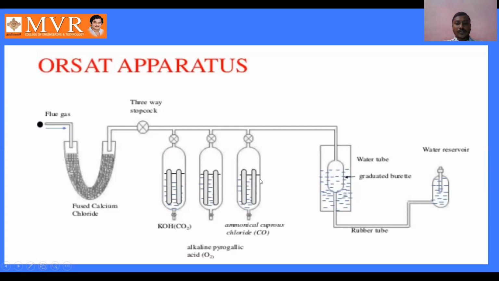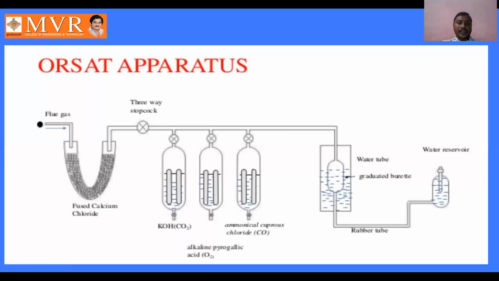The gases enter the ammoniacal cuprous chloride, where carbon monoxide is absorbed, and the remaining unabsorbed gases return back into the graduated burette.